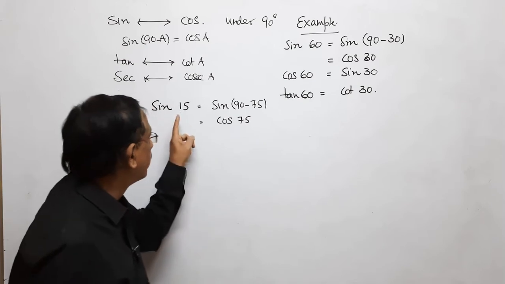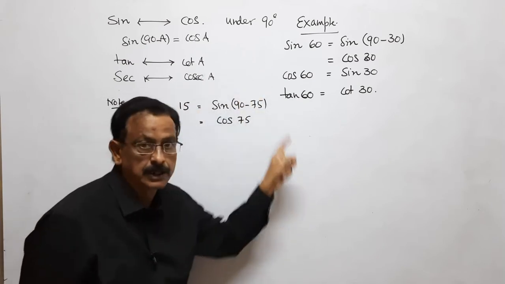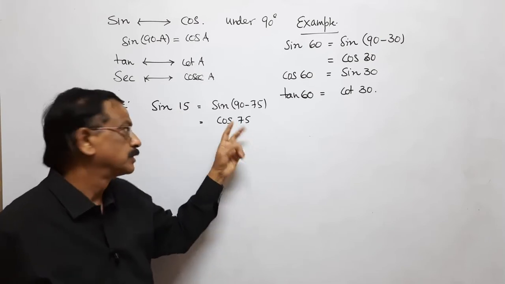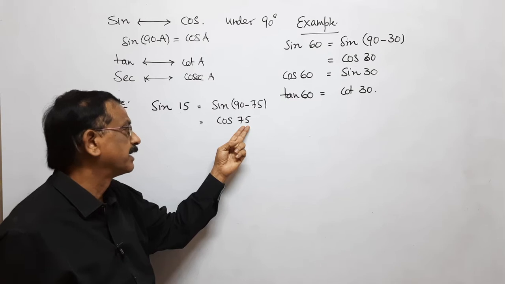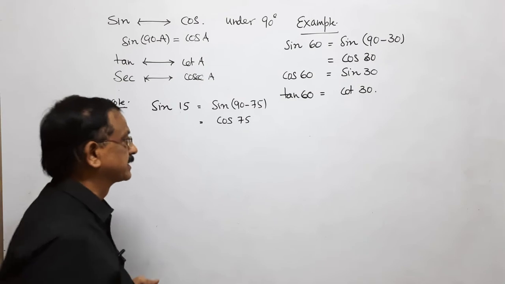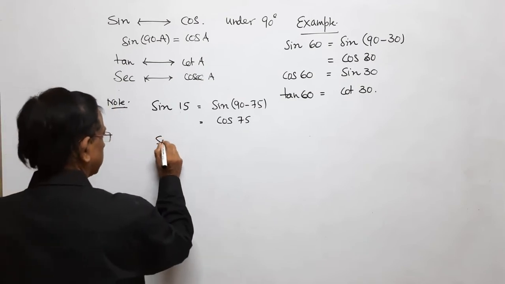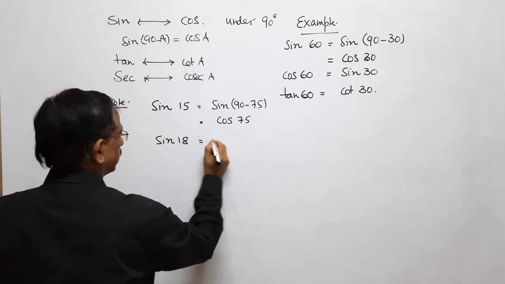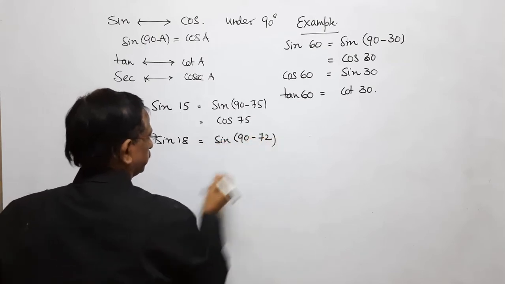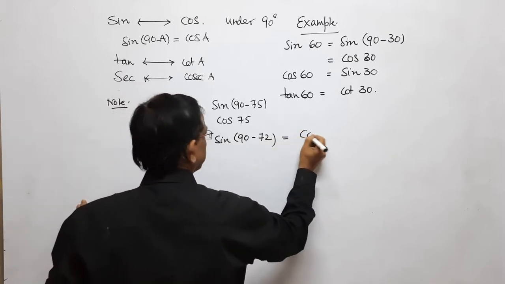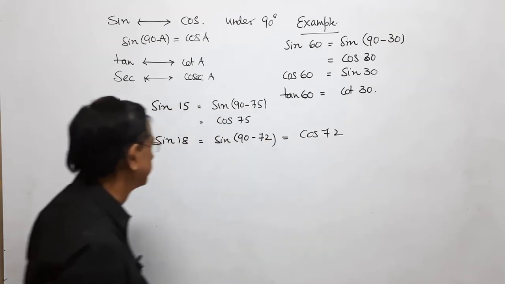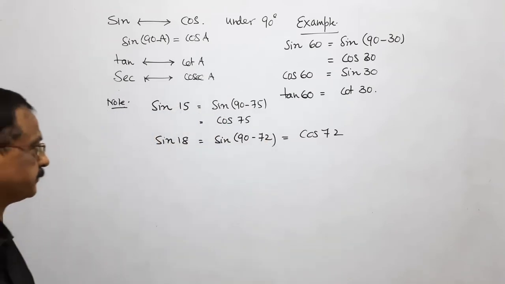I may not be able to evaluate sine 15 right now, but sine 15 is the value of cos 75. So if I can evaluate cos 75, I can obtain sine 15. It's vice versa. Not only that, let us evaluate sine 18. Sine of 90 minus 72 is cos 72, because sine of 90 minus becomes cos of the angle 72. So sine 18 is cos 72.